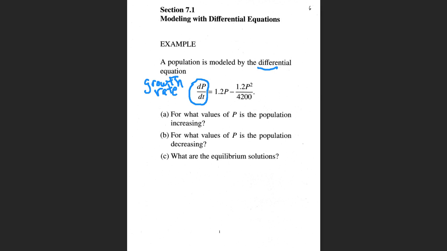What's the growth rate? And the growth rate, for this little example, equals 1.2 times the population minus 1.2 times the square of the population over 4,200.